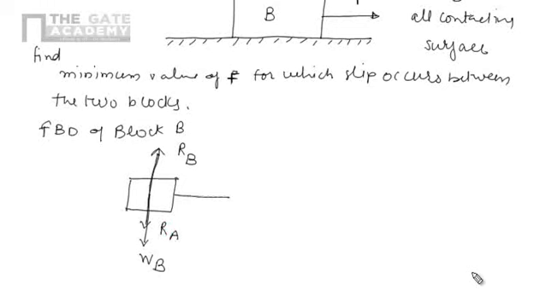Here we are applying the force F, so there will be frictional forces which act opposite to the direction of motion. Here we have the reaction RB, so we have mu RB, and here we have the reaction RA, so we have mu RA. This is the frictional force.